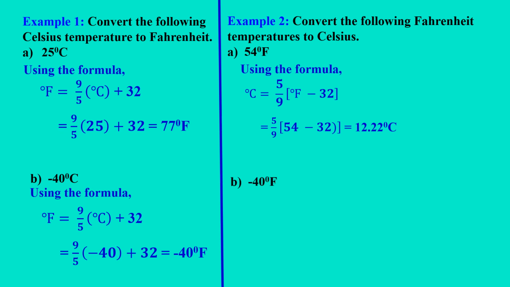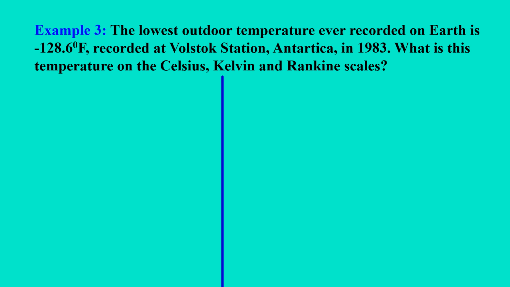Letter B, minus 40 degrees Fahrenheit. Of course, we expect that the answer here is minus 40 degrees Celsius also. So let's verify. Using the formula and substituting the values, we really get negative 40 degrees Celsius.